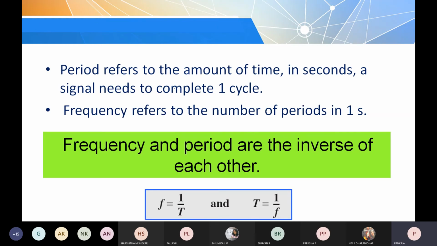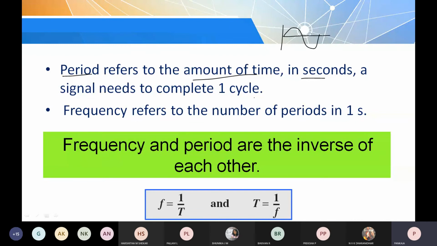Here you need to understand some terms. One is period. What does period refer to? It indicates the amount of time in seconds the signal needs to complete one cycle. That means how much time it requires to cover one cycle.